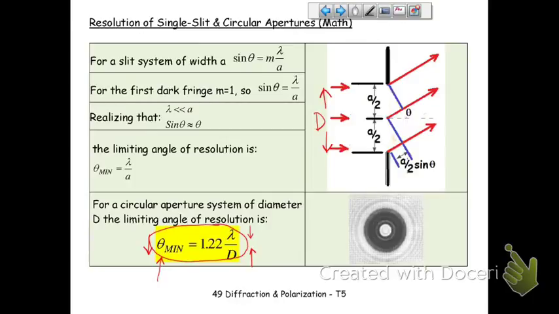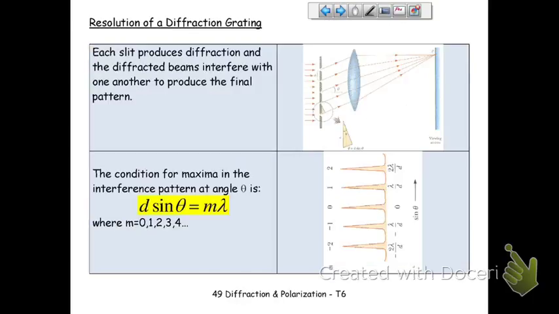So, let's take a whole bunch of double slits and make it into a diffraction grating.